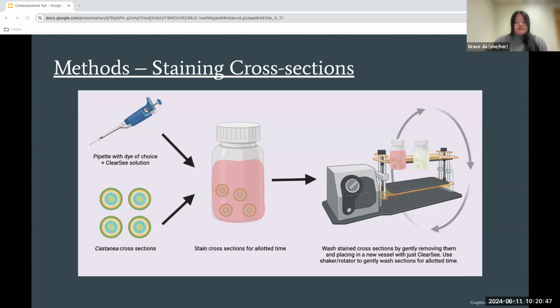Once the cross-sections are stained for their allotted amount of time, you will wash the stained cross-sections by gently removing them and placing them in a new vessel with just ClearSee, no stain, and you will use a shaker or rotator to gently wash sections for this allotted amount of time. The allotted time for both staining and washing the cross-sections will become apparent on the next slide.